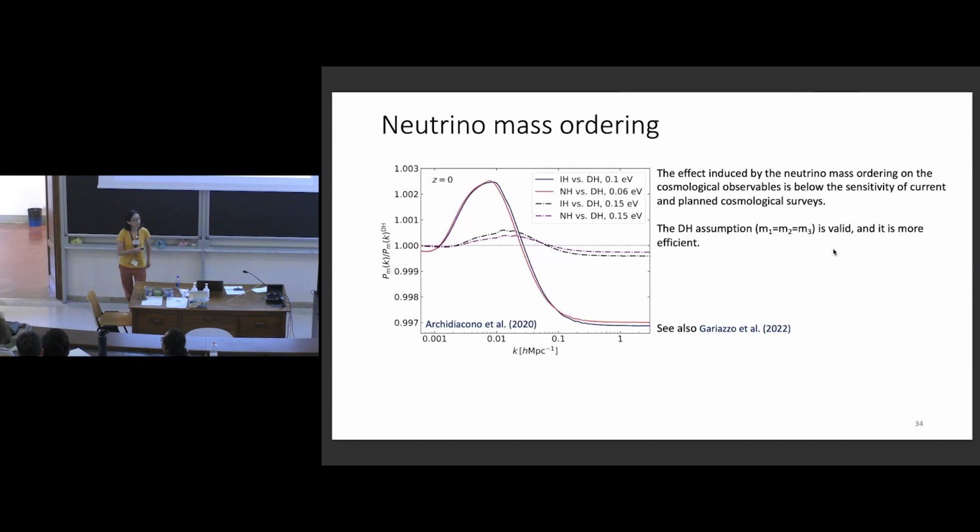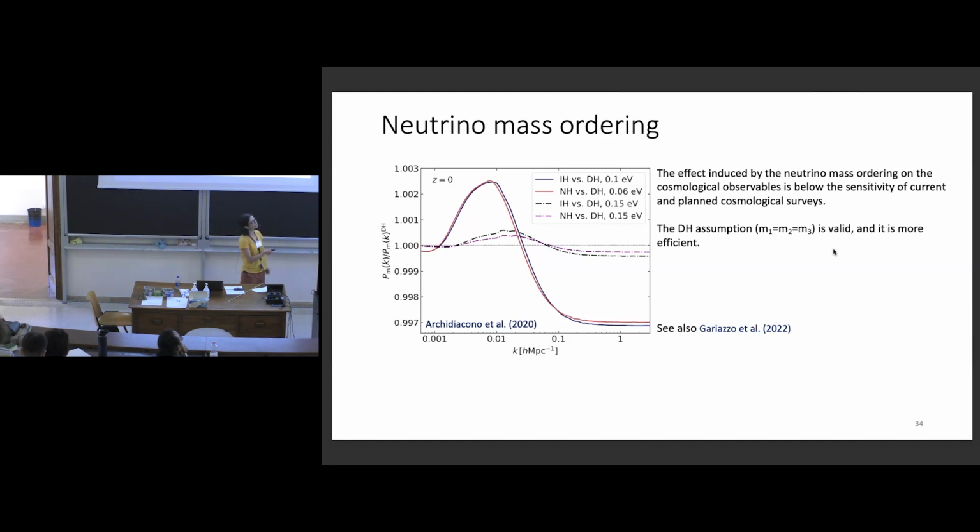In principle, the suppression of the matter power spectrum could be sensitive to the different mass of each neutrino. But I don't think that in the next experiments we have the sensitivity to see it.